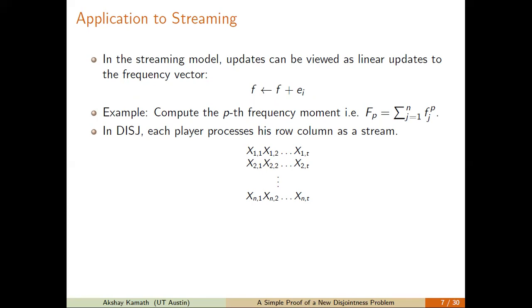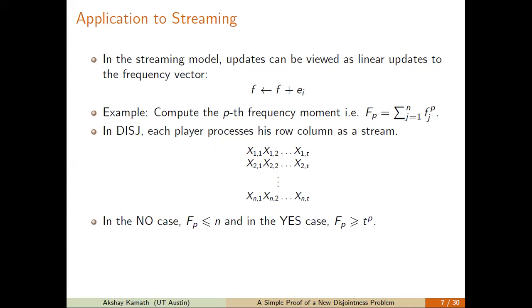And this is passed from player to player until every player in the protocol has processed their input in the streaming algorithm. The frequency vector of the stream that has been processed by the streaming algorithm is going to be a vector whose ith entry is just the sum of the ith row in this matrix.